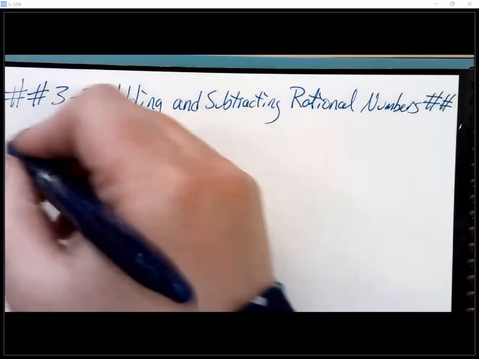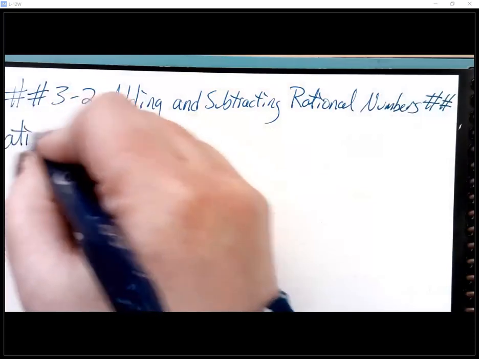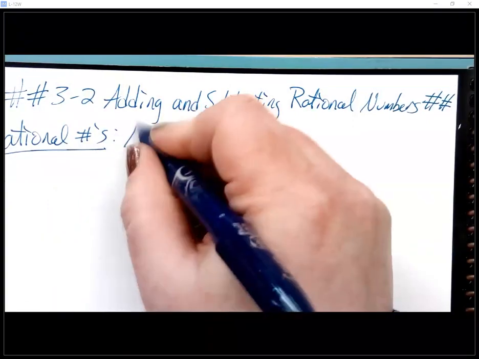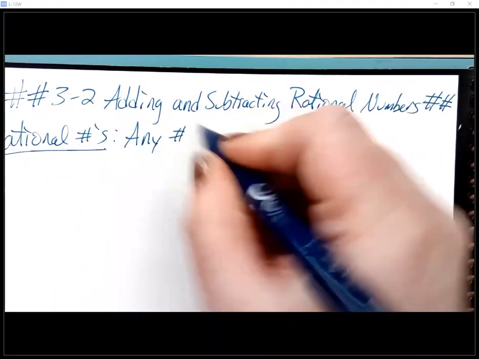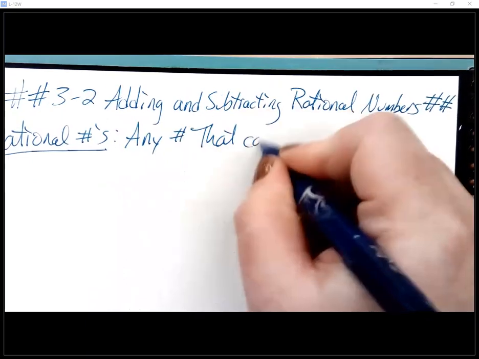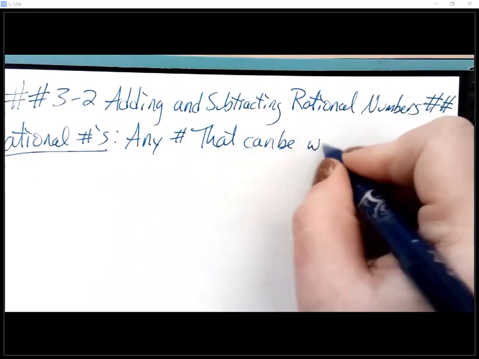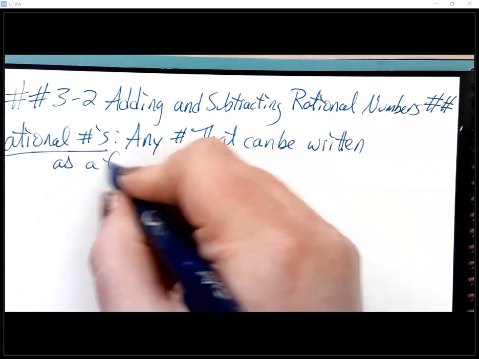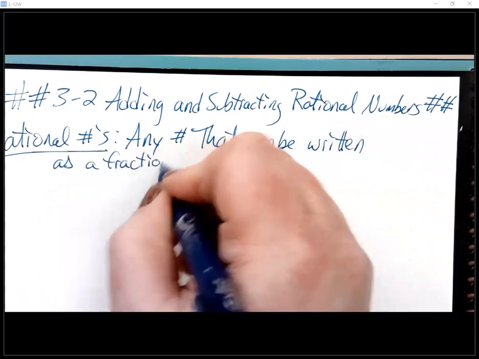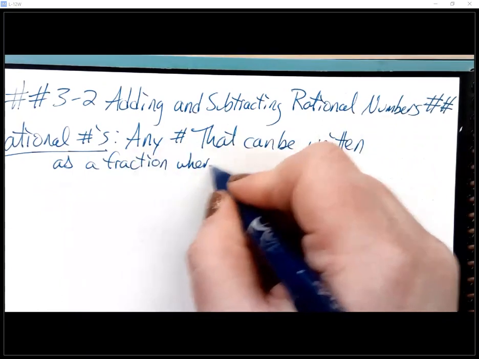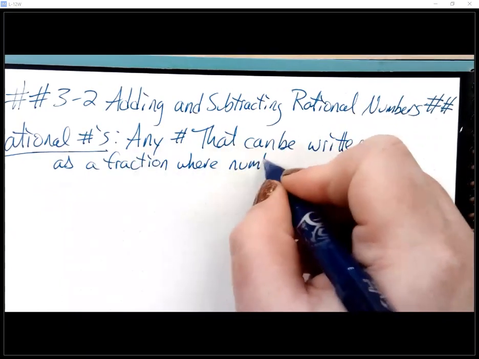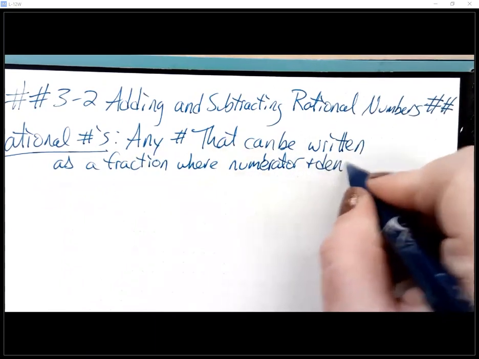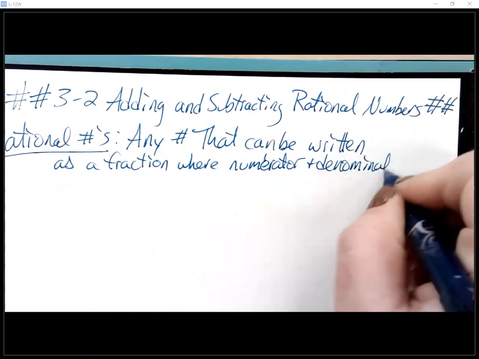So rational numbers. This is any number that can be written as a fraction where numerator and denominator are integers.